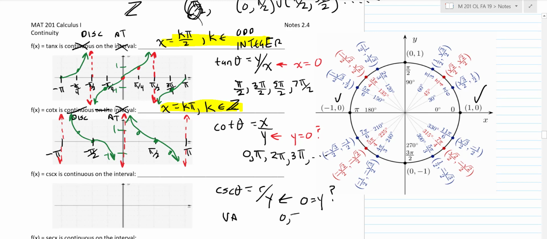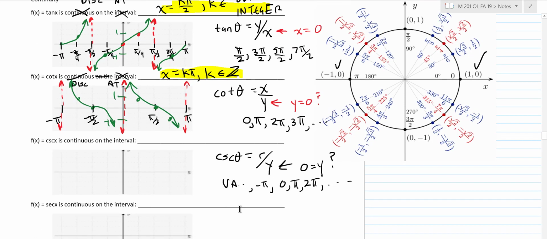It would be 0, pi, 2 pi, and so on, and don't forget about the negative ones out that way. So we'll just say the cosecant is discontinuous at x equals k pi, where k is an integer.